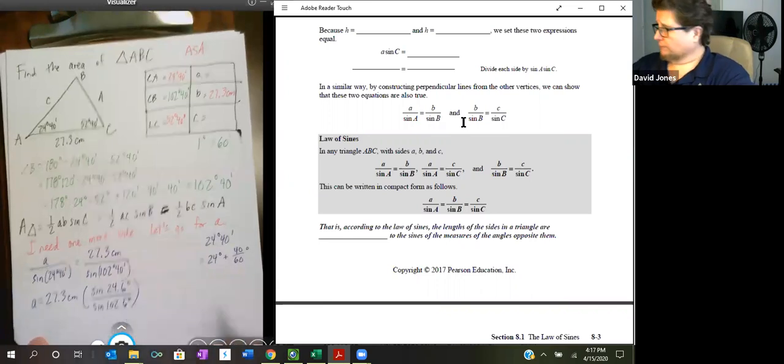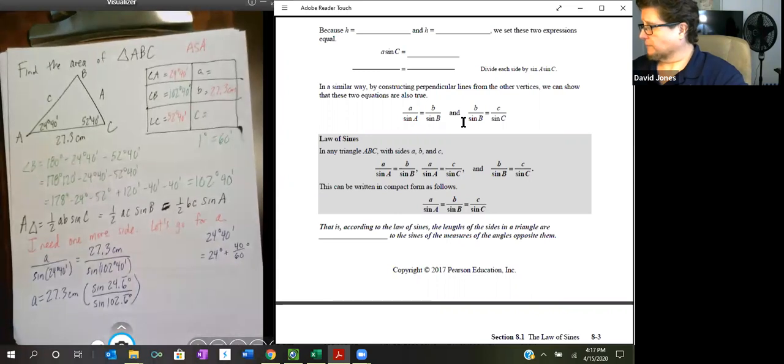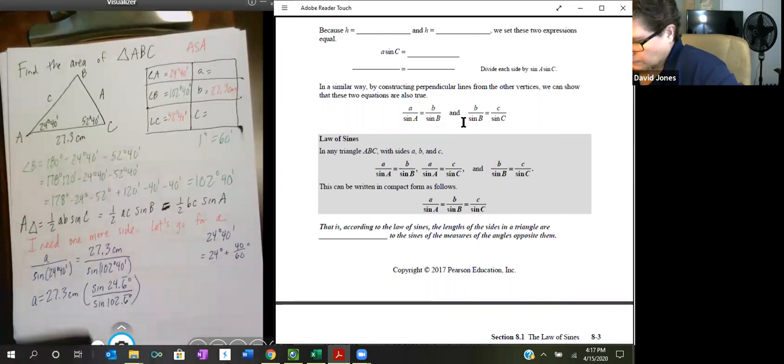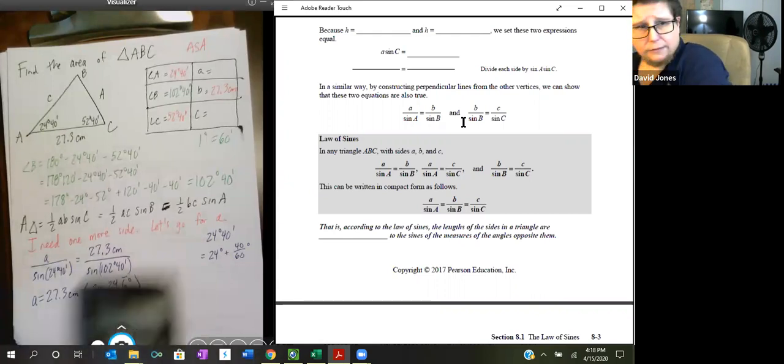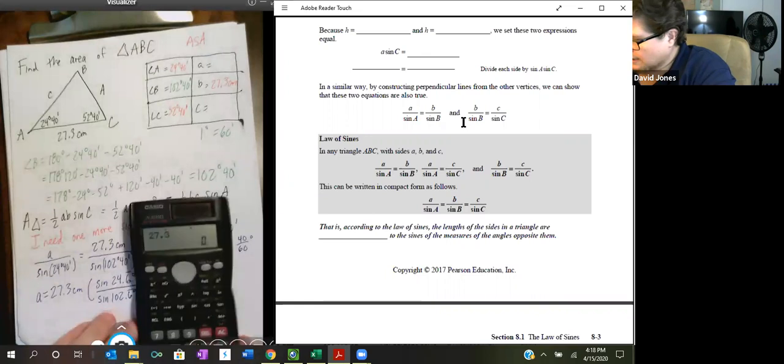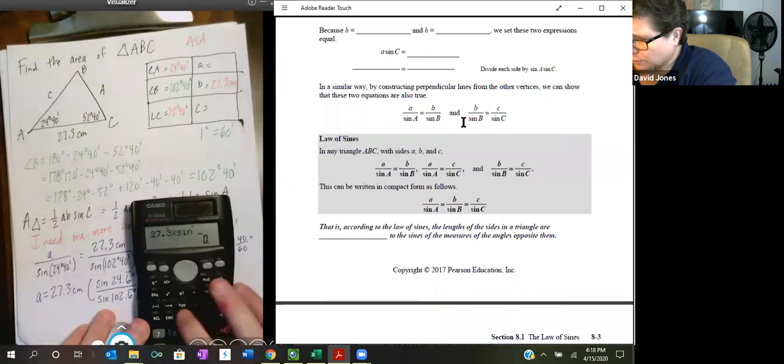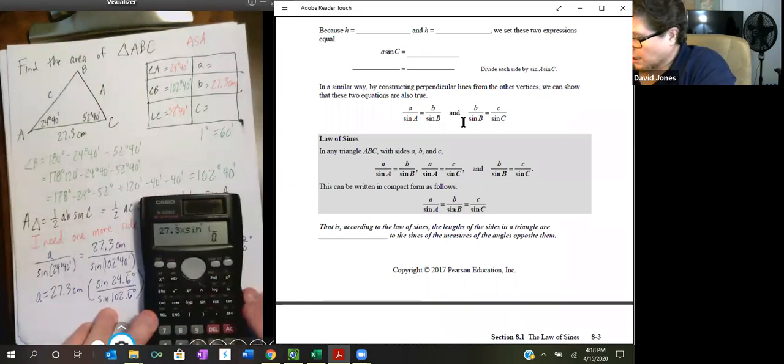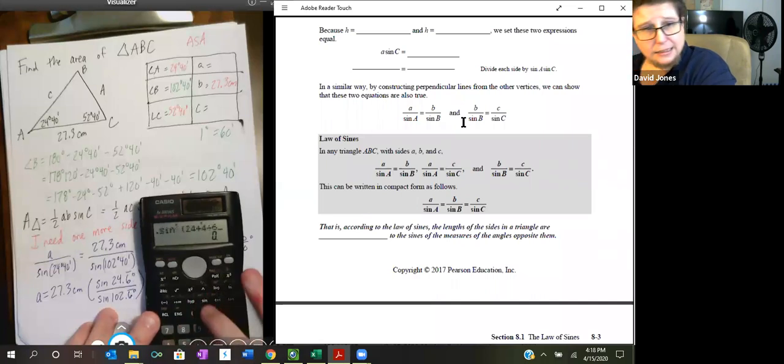Same on bottom. 27.3 centimeters times sine of 24 plus 4 divided by 6.